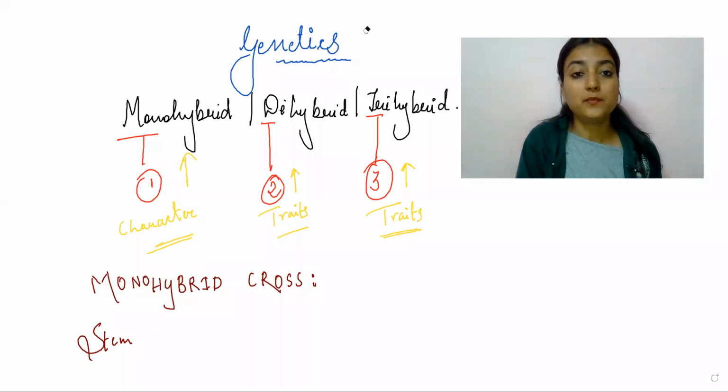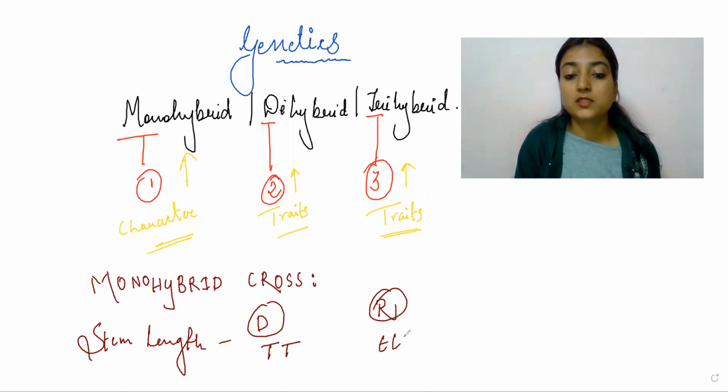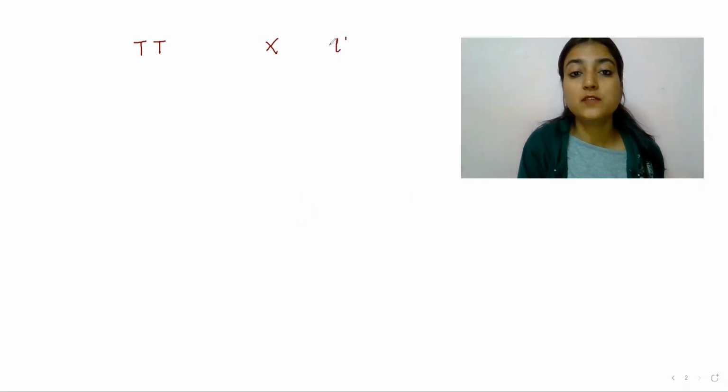The dominant form of the stem length is capital T, whereas the recessive form is small t, small t. Now we will do a cross between these. We are crossing with the recessive form of the stem length.